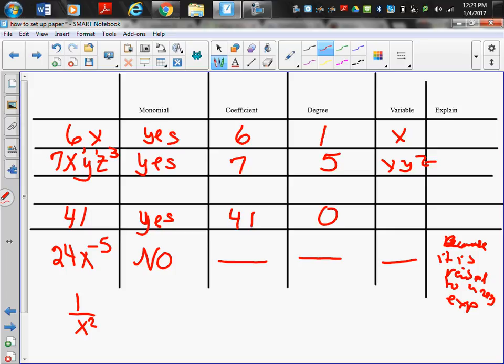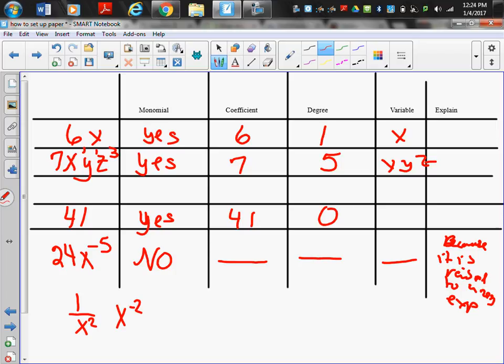So how do we get an exponent in the denominator? Negative. Negative begins with the R. Reciprocal. So when I flip it over, it's x to the negative 2.